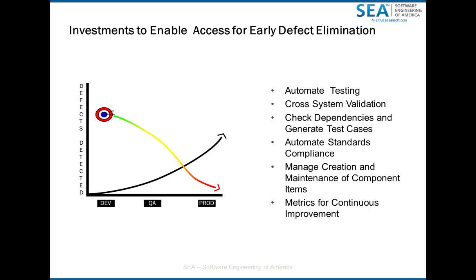Another way of looking at it is the colored curve here is showing you that the more defects that you find in the development process means that you have fewer defects getting to production. And then the contrast of that is the dark curve is showing that the fewer defects that you find, or the more defects that you find early, the higher quality you have when you do get to production.